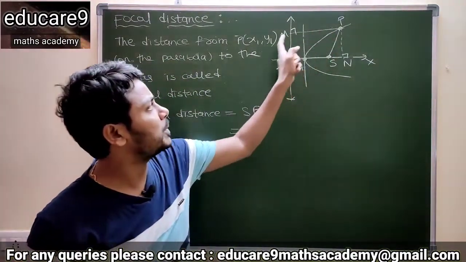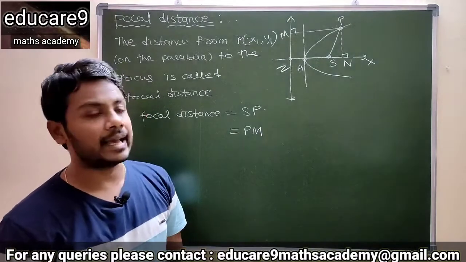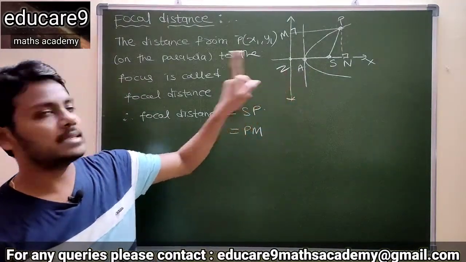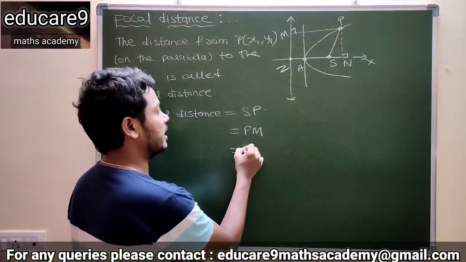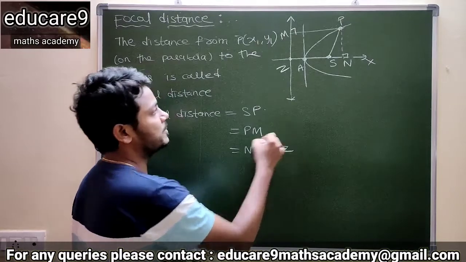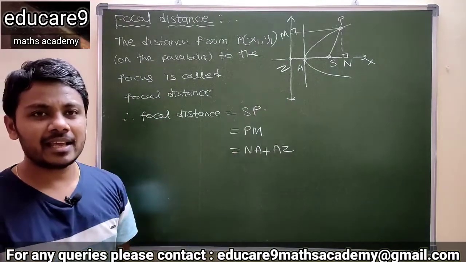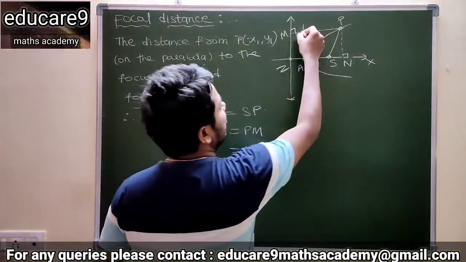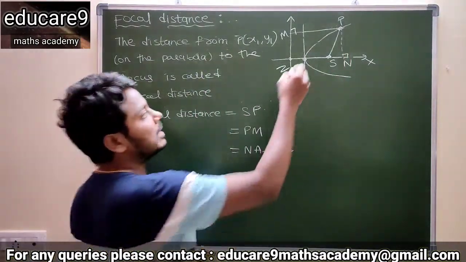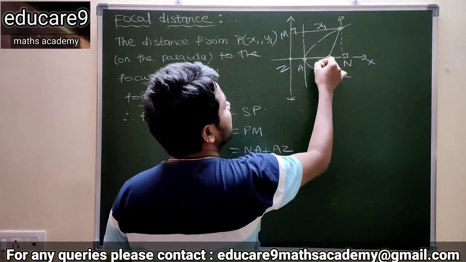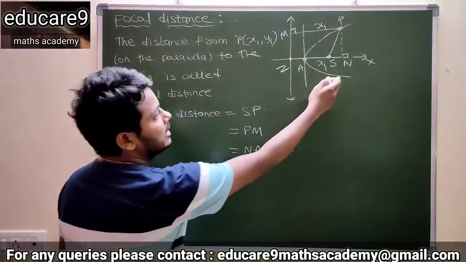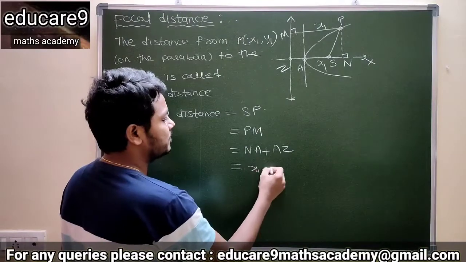Now, how to write PM? PM can be written as NA plus AZ. What is NA? This is the horizontal distance, that is the x coordinate of P. This distance is x1. So NA is x1.